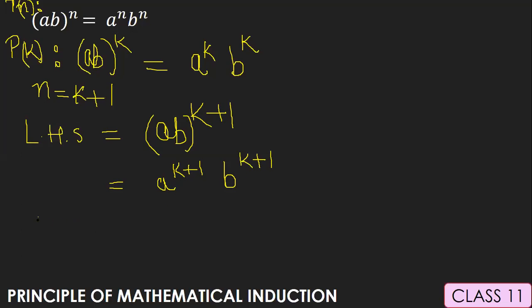Now let us take the right hand side. So it would be a raised to power k plus 1 into b raised to power k plus 1. So if it is true for n is equal to k plus 1, that means it is true for all values of n. So this is all till now, and we would be proceeding with this chapter of mathematical induction in our next video. Thank you.